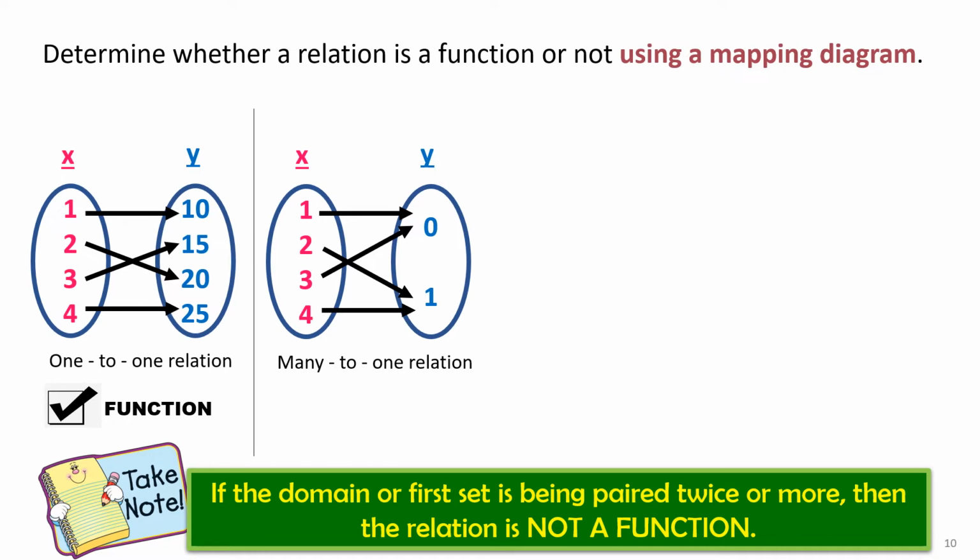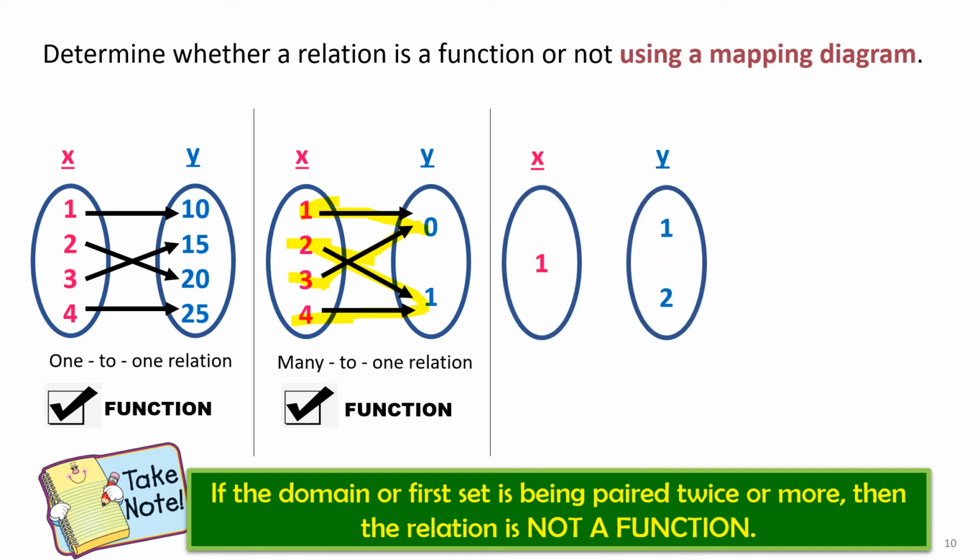So since 1 here is being paired only once diri kay y, and then 3 also is being paired only once kay y, 2 is also paired once, and 4 is also paired once. So, meaning to say, this is a function, correct?